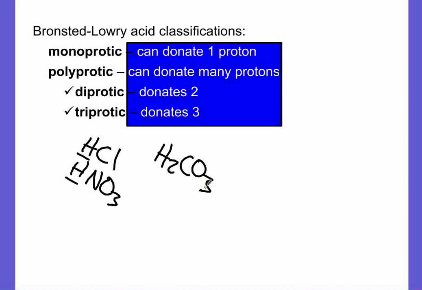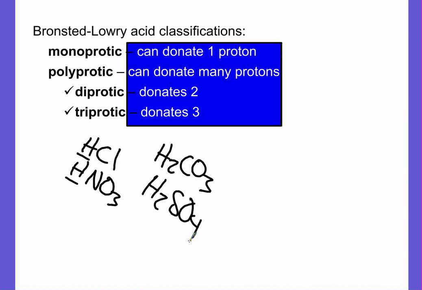That one's called carbonic acid, but you can see that there are two hydrogens there. So it can donate two different hydrogens. That's a diprotic acid. It's a polyprotic acid, but more specifically, it's diprotic. Or sulfuric acid also could donate those two different protons.